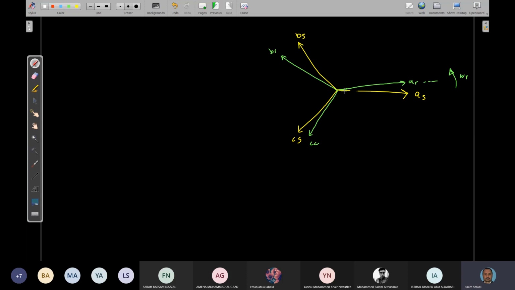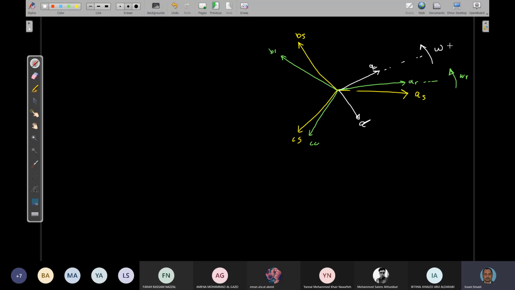Let's assume that this is the QX, and I'm having 90 degrees over this one, and this will be the DX, correct? Now this frame is rotating by which speed? By omega speed, arbitrary reference frame.